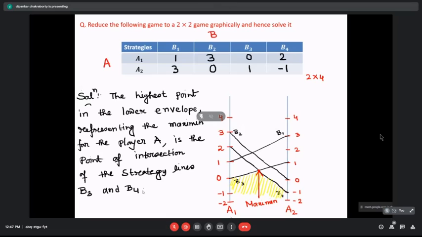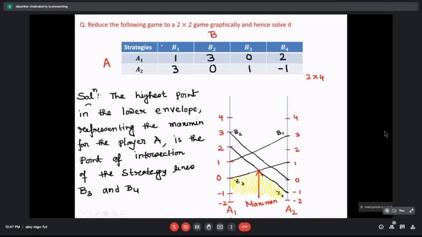Okay. So now what will be our reduced game? As we are searching for the maximin point, and the maximin point comes from the intersection of strategies B3 and B4, we can ignore the other two strategies. Only B3 and B4 are required.